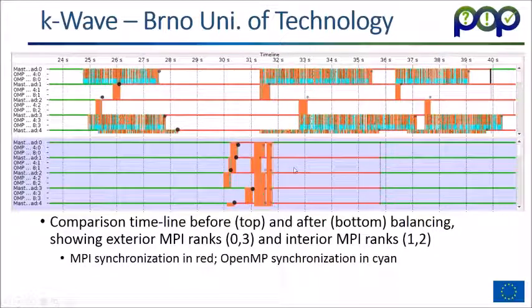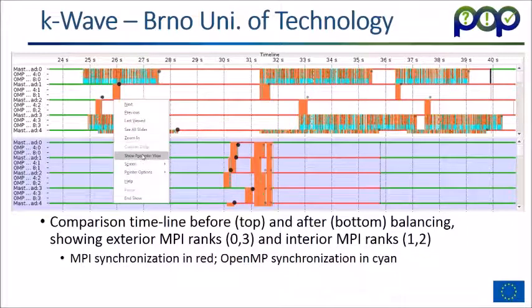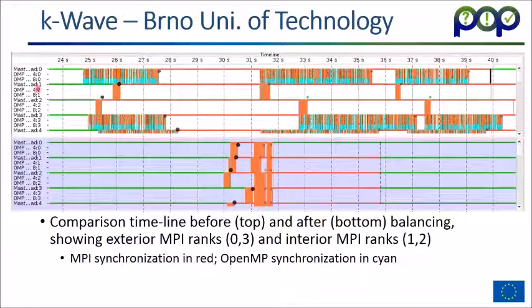These were both produced with Vampir, and in the top trace we have 4 MPI ranks shown, and within each of those we have a number of threads.